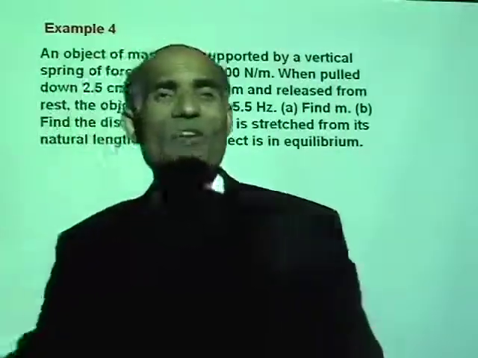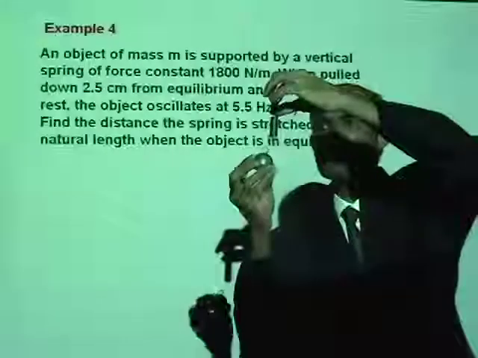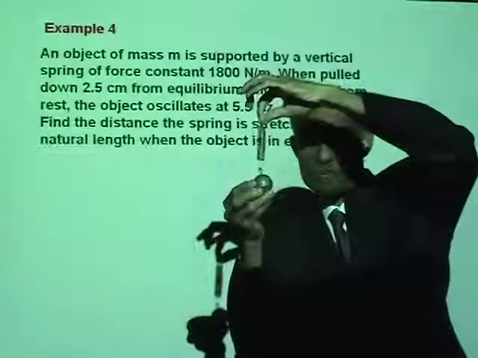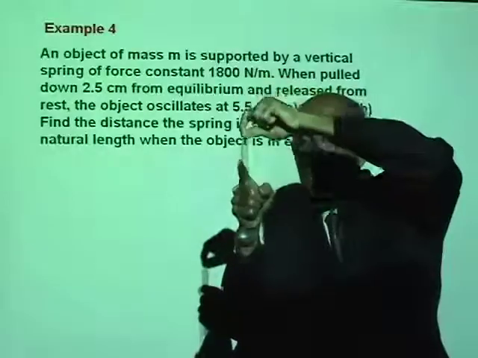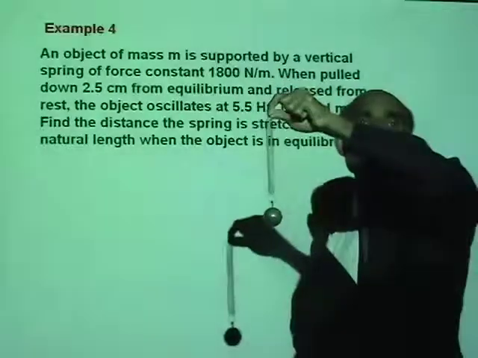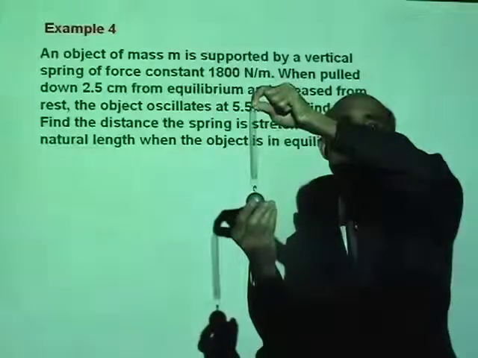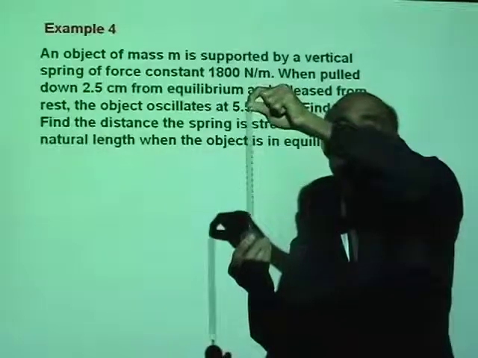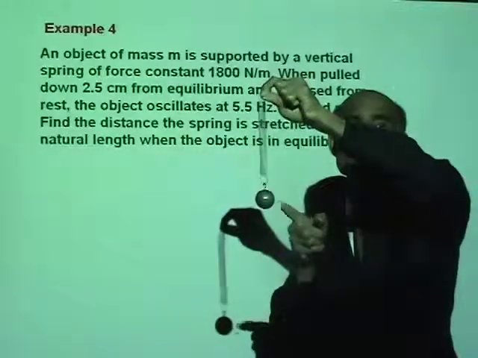Now what you have been told is an object of mass m, this is the object of mass m, is supported by a vertical spring of force constant. The k value of the spring is 1800 Newton per meter. And what is done when pulled down 2.5 centimeter from the equilibrium position? Now, this is the equilibrium position, right?